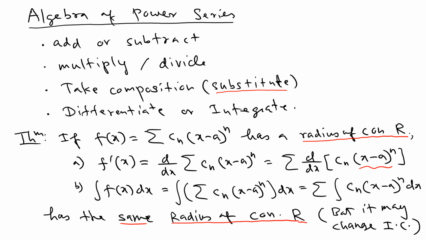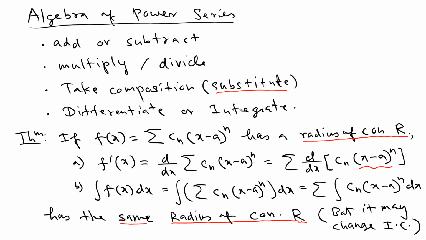Especially when you take the derivative, it can lose the convergence. When you take the derivative, an n term comes to the top, so that changes the p-value. Once you change the p-value, it's going to change the convergence. So you always have to check the new endpoints, but the radius of convergence does not change. That's all the theory that you need to know.